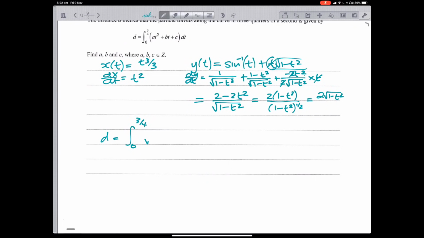Okay, so we've got the square root of 2 root 1 minus t squared, squared, plus t squared, squared, dt.